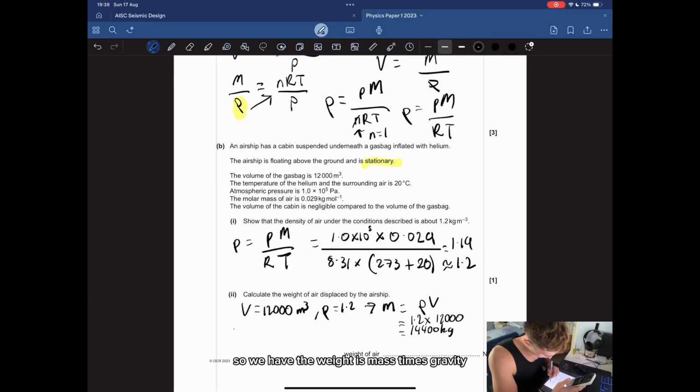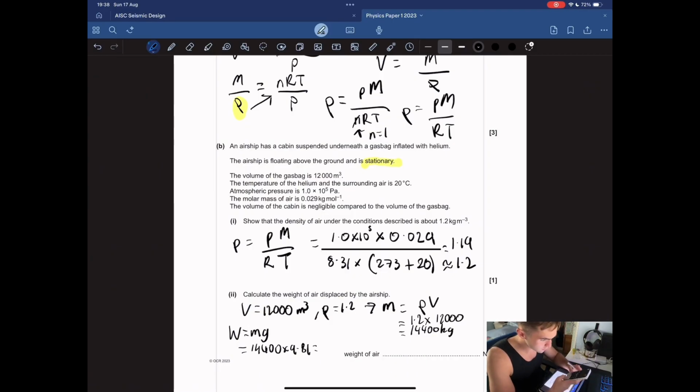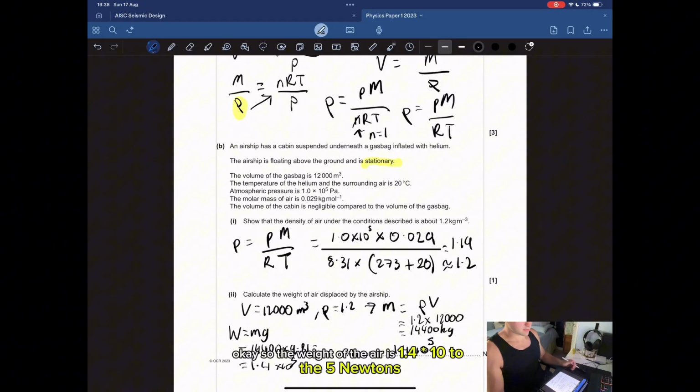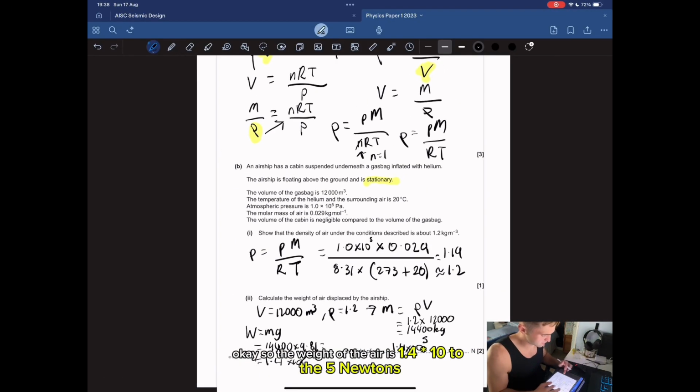So the weight is mass times gravity, which equals 14,400 times 9.81, which is 1.4 times 10 to the 5. Okay, so the weight of the air is 1.4 times 10 to the 5 newtons.